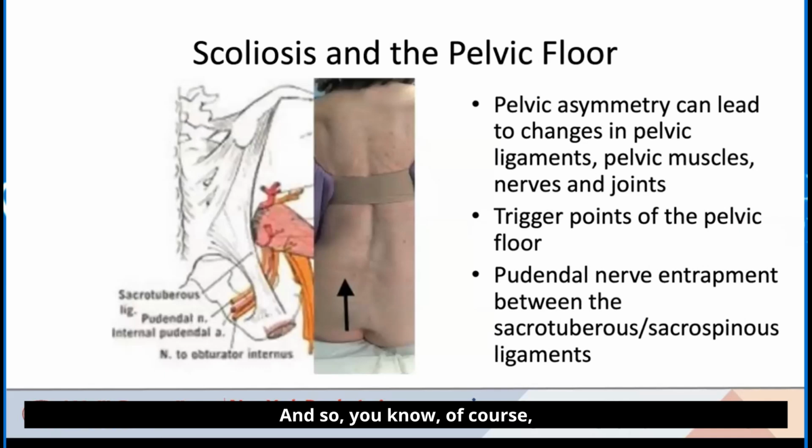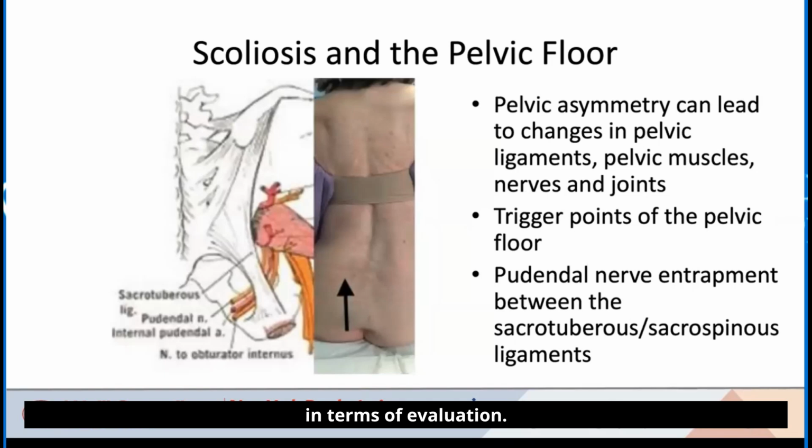And so, of course, things like nerve entrapments can happen. Trigger points and myofascial pain can develop in the pelvic floor. You can get entrapment of the nerves based on sitting position, even between some of the ligaments of the pelvis. All of those asymmetries happening in the spine are absolutely affecting the pelvis, and we want to be able to think about the pelvic floor in terms of evaluation.